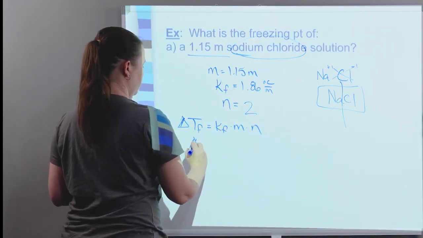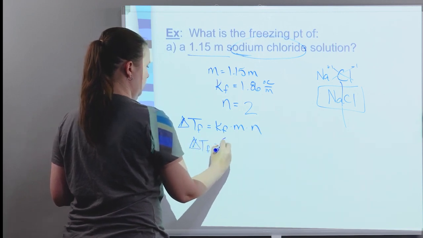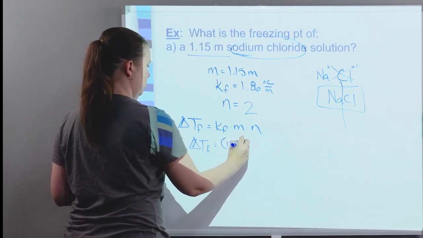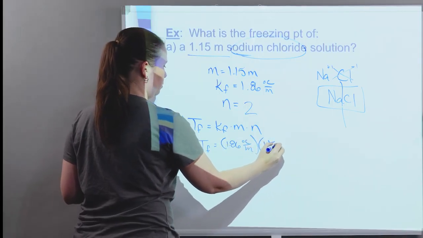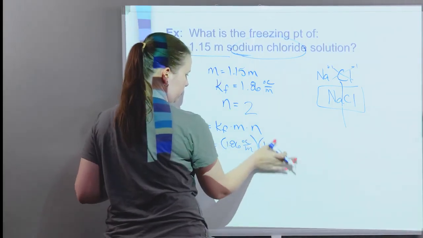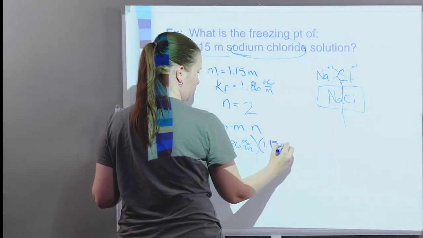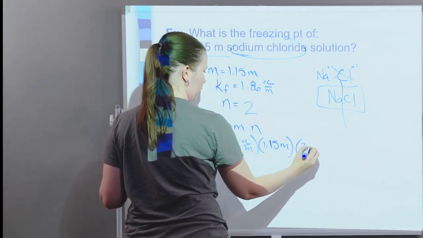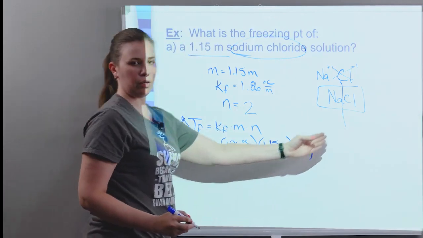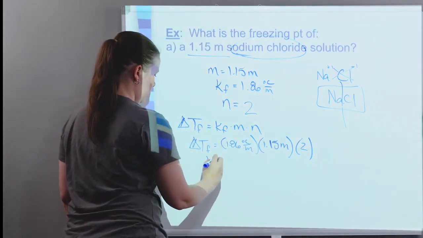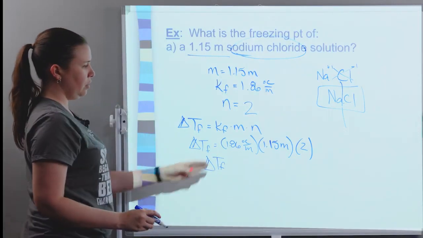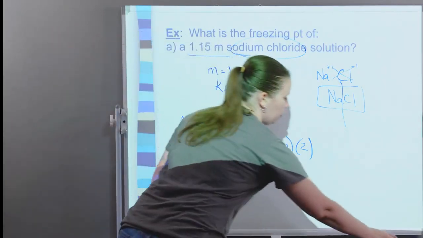So let's find our change in freezing point, using the 1.86 degrees Celsius per molality, my 1.15, oops, that's a 5, I promise, 1.15 molality, and the n now of 2. See how the number of particles is literally a multiplier for what the delta T would be. So what is the freezing point if I now work out this mathematically?